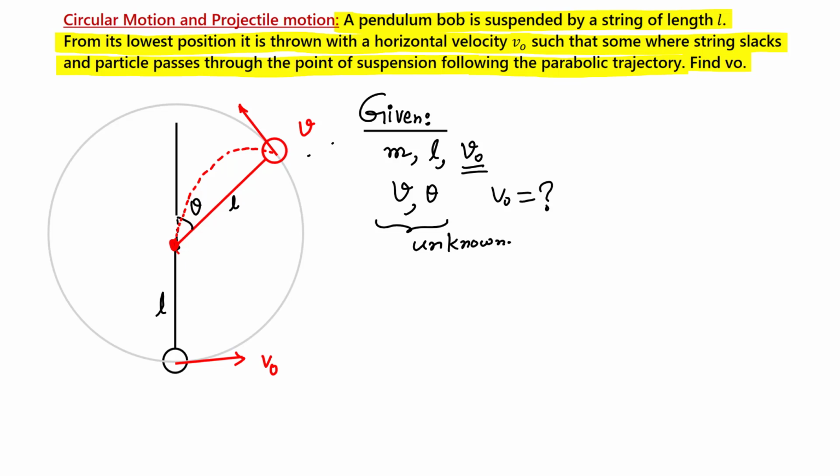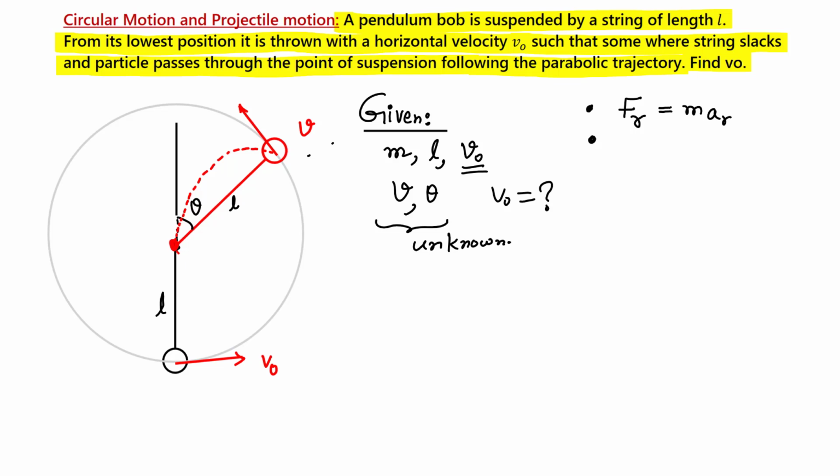Now we have to solve this problem. What concepts will we use? First, because this is circular motion, we write force towards the center, in the radial direction, equals mass times acceleration in the radial direction. This is the first equation.